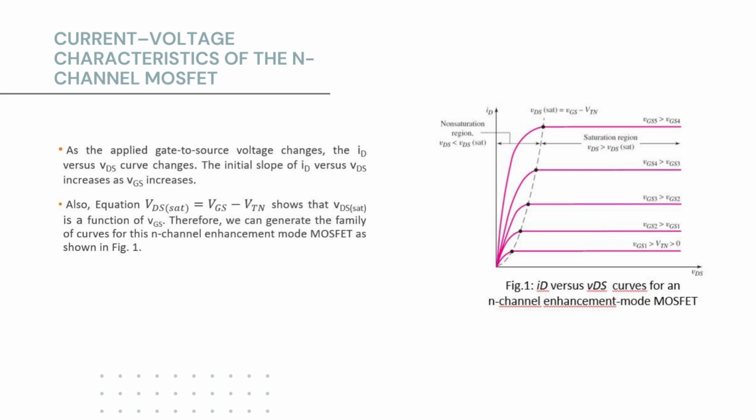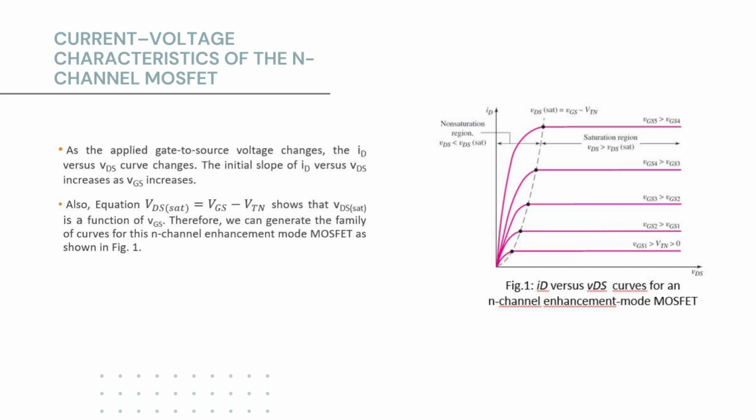Right now we are discussing the output characteristics, that is the ID versus VDS curve. Here the gate voltage remains constant. For different constant gate voltages we get different curves, and initially ID increases as the gate voltage increases.